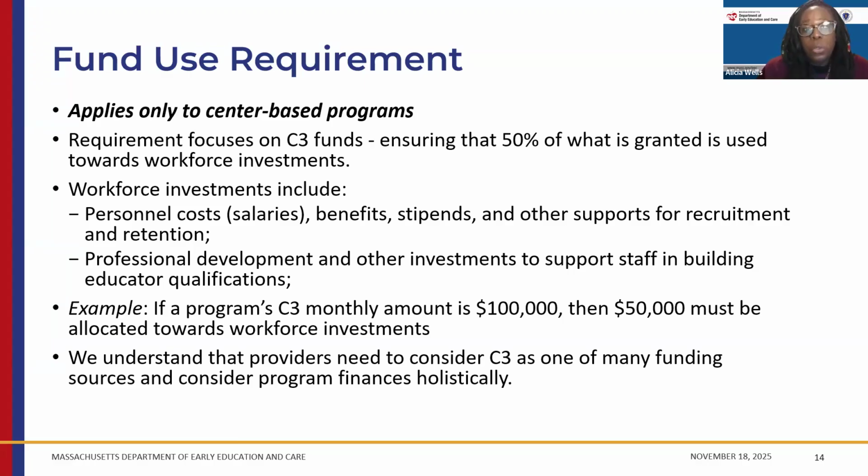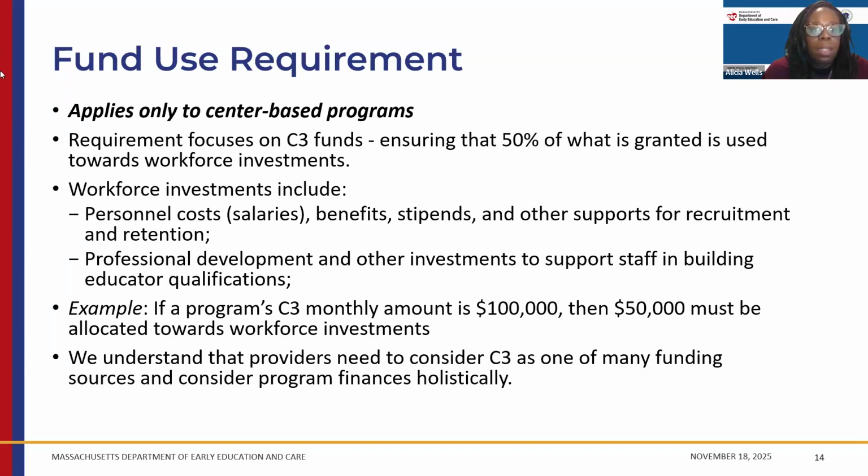Workforce investments include personnel costs, which include salaries, benefits, stipends, and other supports for recruitment and retention. Workforce investments also include professional development and other investments to support staff in building educator qualifications. We understand that providers need to consider C3 as one of many funding sources, so they have to look at their program finances holistically.